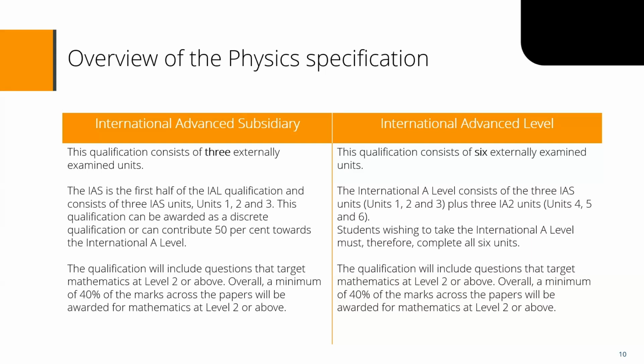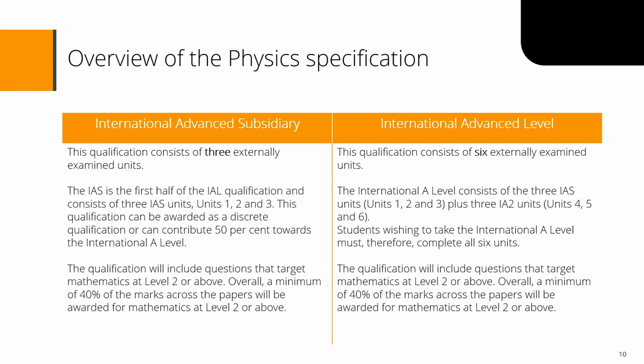It's the first half of the full A-level qualification and consists of units 1, 2 and 3. It can be awarded as a discrete qualification, so you can stop at the end of 3 and cash in an advanced subsidiary, or it can contribute 50% towards the full advanced level. It includes questions that target maths at level 2 or above. Overall, a minimum of 40% of the marks across the paper will be awarded for maths at that level.